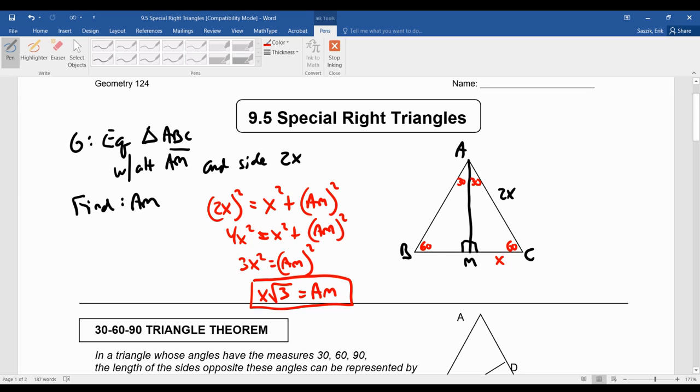Now, what we've just derived is the relationship in a special right triangle, in a 30, 60, 90 triangle in this case. So you see how we've created this 30, 60, 90 triangle. What this means is in any 30, 60, 90 triangle, the hypotenuse is always going to be twice the short leg. Remember, the short leg is the one across from the 30. And then the long leg, the one across from the 60, is always the short leg x times root 3 every time.